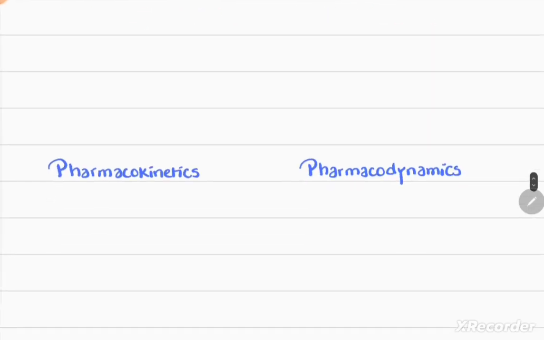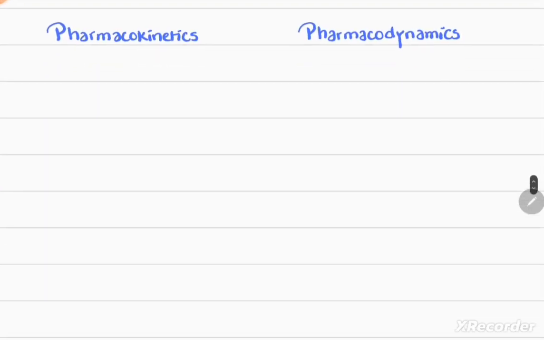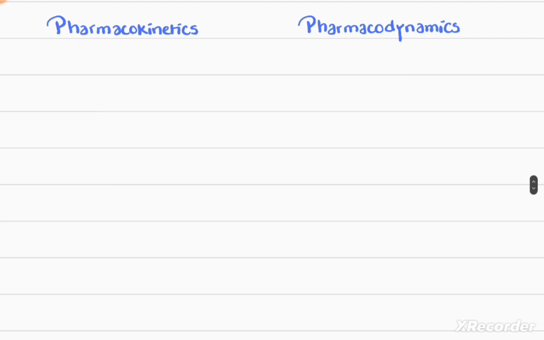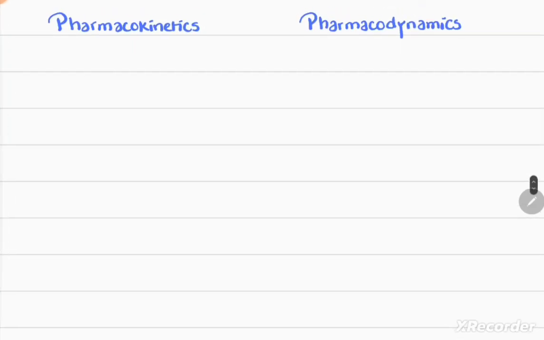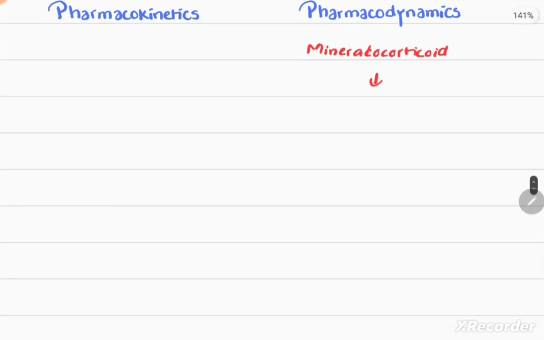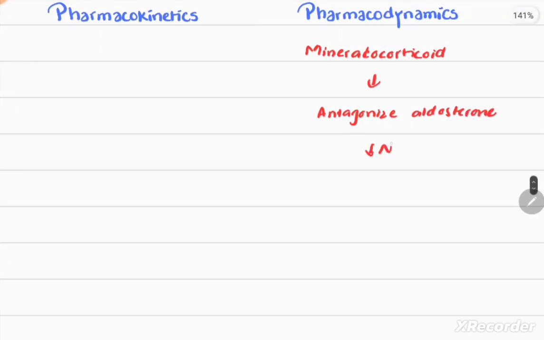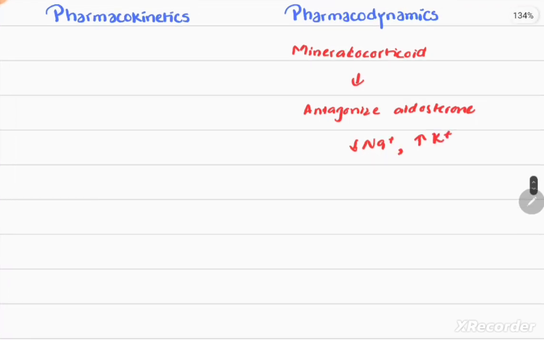So we can predict the effect of these drugs by their action. As we have already discussed, spironolactone and eplerenone will bind to the mineralocorticoid receptor and they will antagonize the effect of aldosterone. As a result, there will be decreased sodium in the body and there will be increased potassium in the body, right?